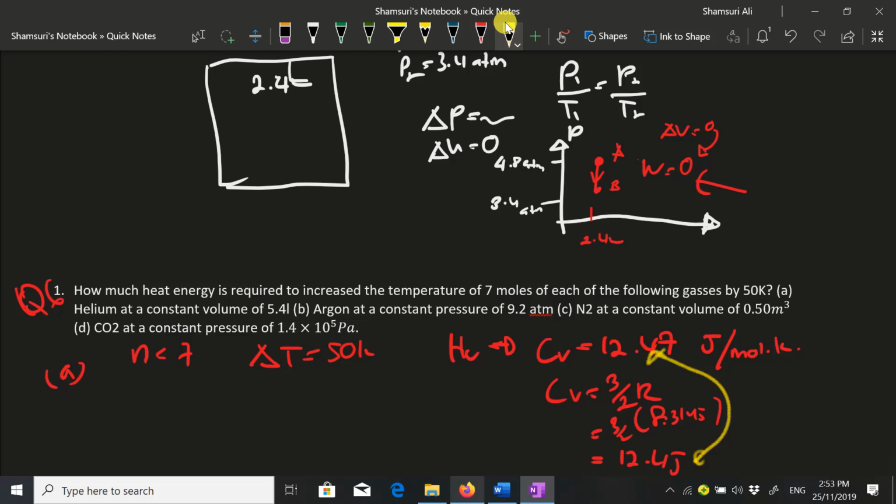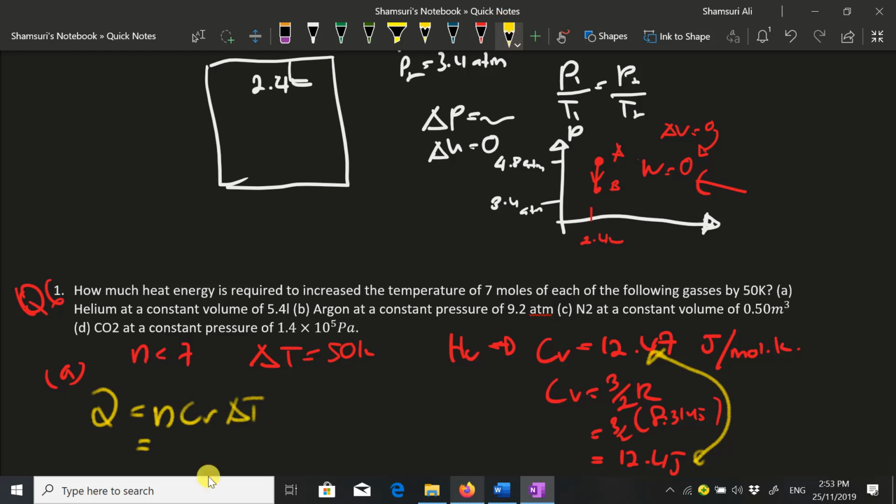For question A, we need to answer part A, which is constant volume. How much energy? So you need to find Q. Q can be calculated by n C delta T. Given n and CV, the volume didn't change.